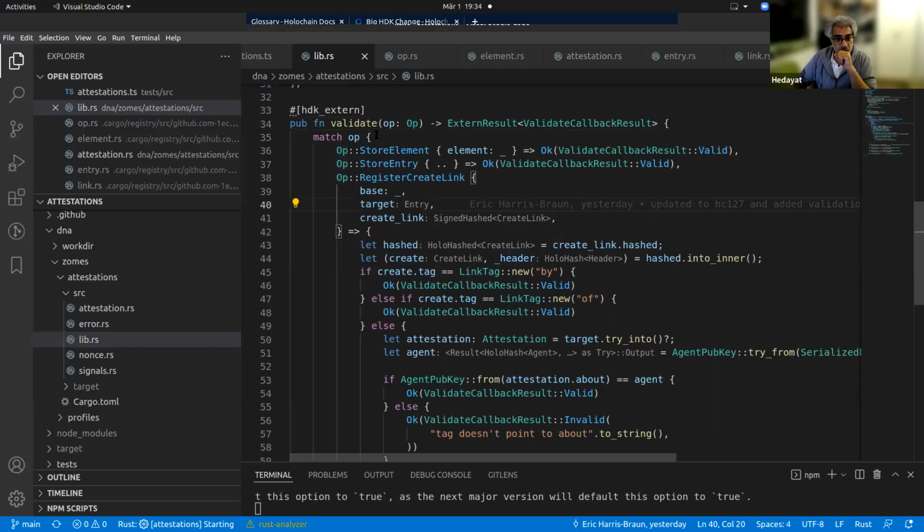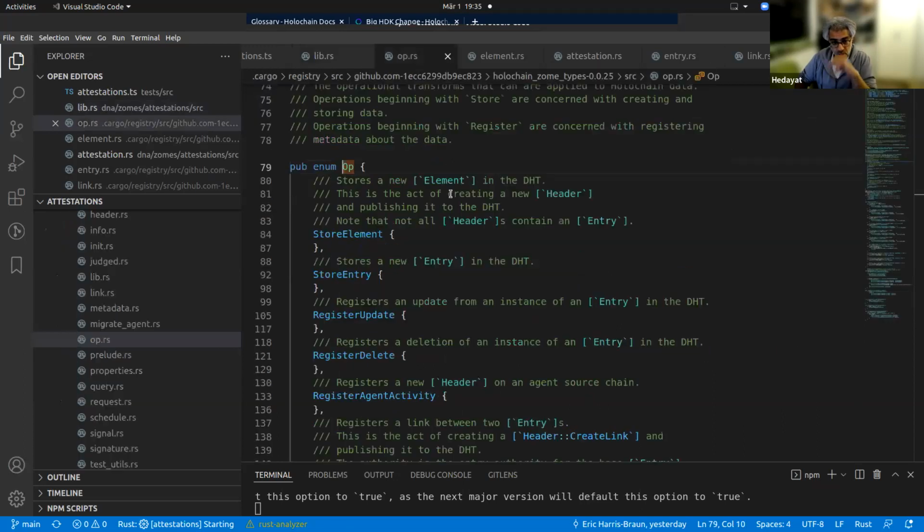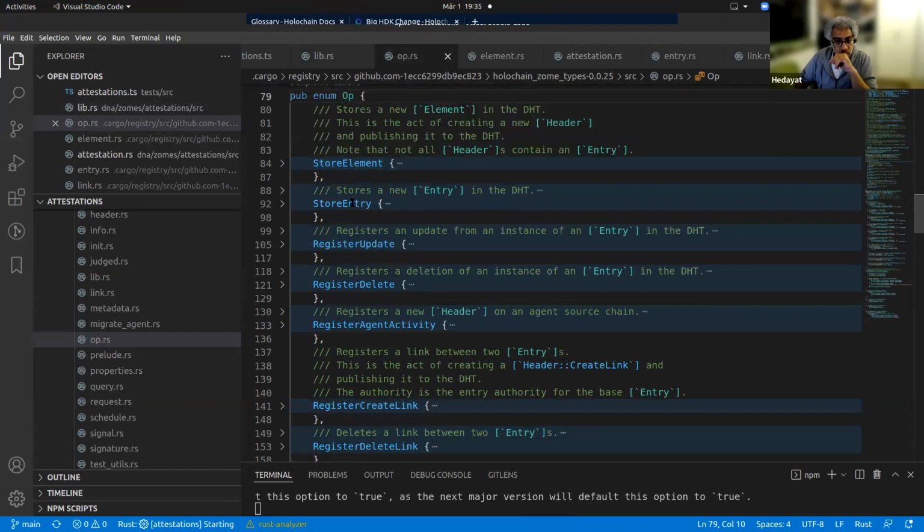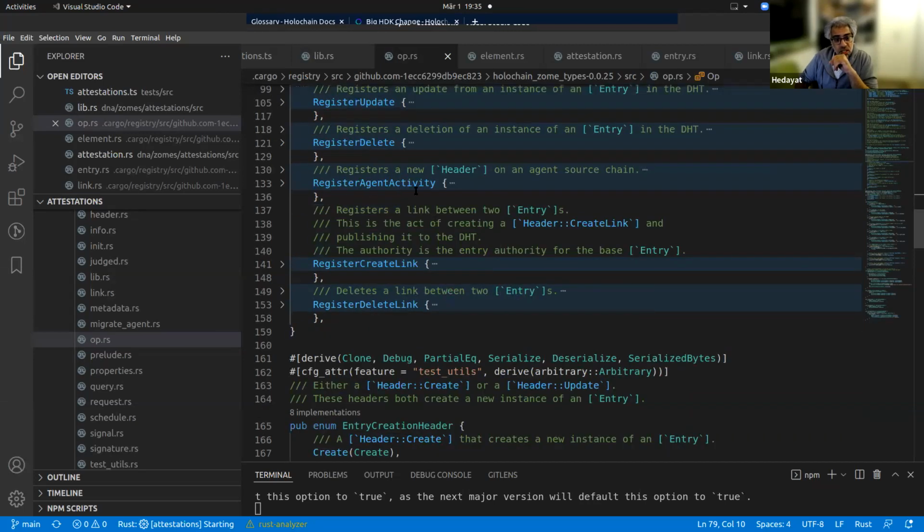But anyway, as you can see, it is the validation. An operation is going to be sent. These are the operations: store element, store entry, register update, register delete, register agent activity, register create link, and register delete link.